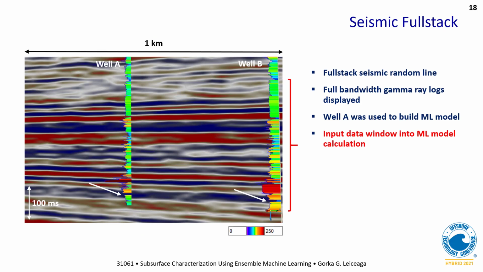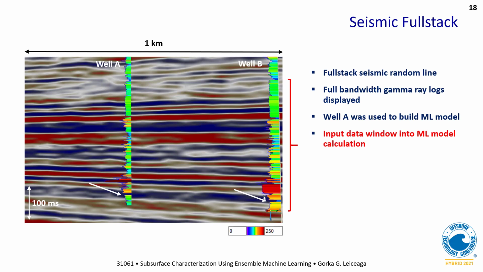Now, this shows an image of a random line of the seismic full stack with the full bandwidth gamma ray logs displayed. So in this result, well A was used to build the model, and I would like to just mention that this is the segment of data that was used to build the machine learning model.